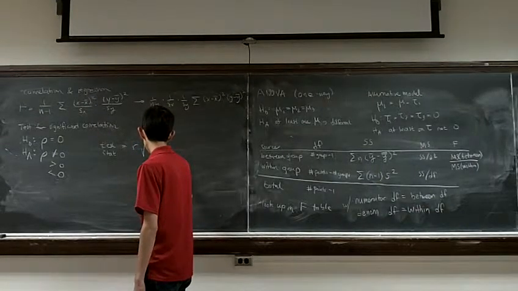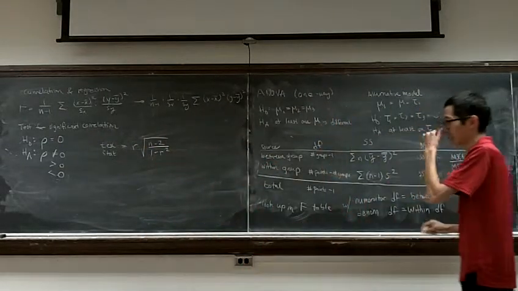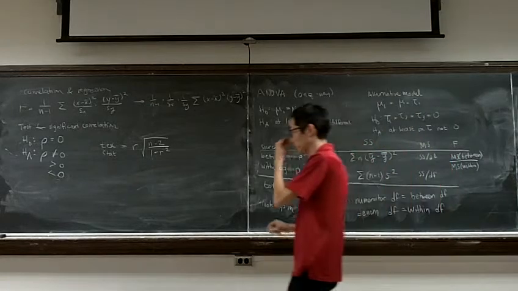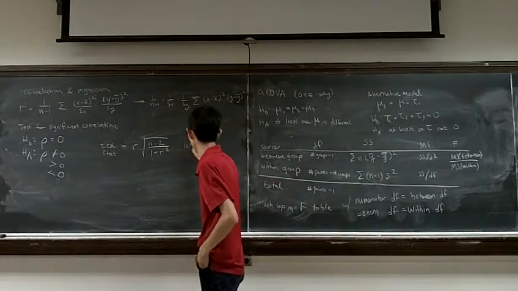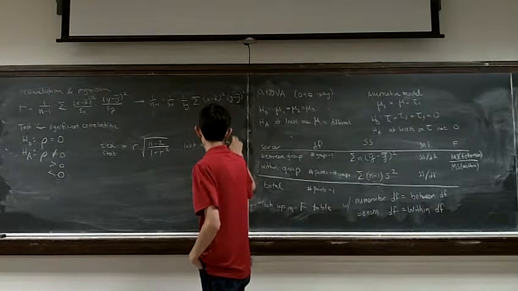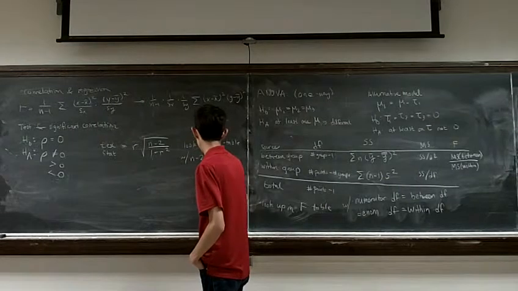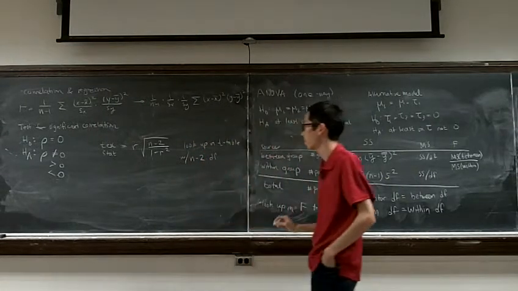One of these days I'll remember this one. Okay. And then this, you look up in the t-table with n minus 2 degrees of freedom.